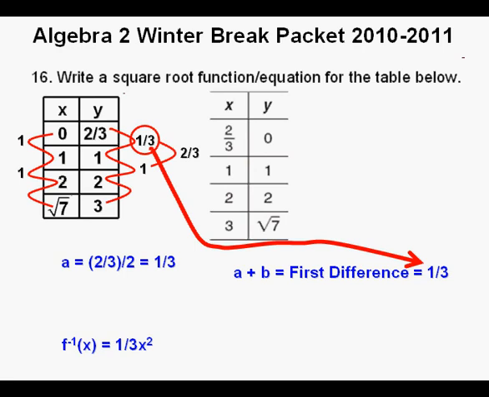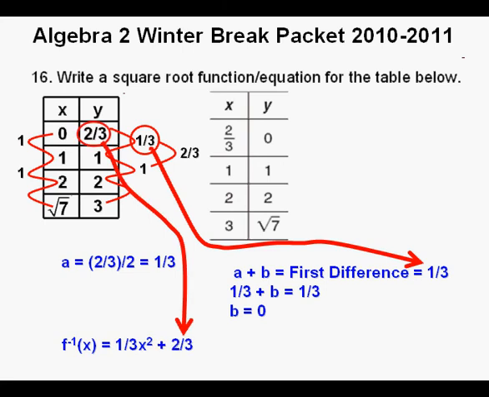And then we know that a plus b equals the first difference, where x goes up from 0 to 1, and that is 1/3. So that gives us 1/3 plus b equals 1/3. We solve for b by subtracting 1/3 from both sides of the equation, and b equals 0. And that means that there is no x term or linear term in this function.